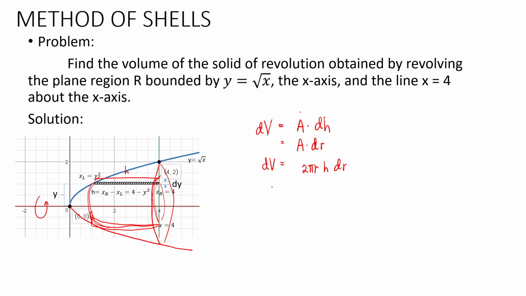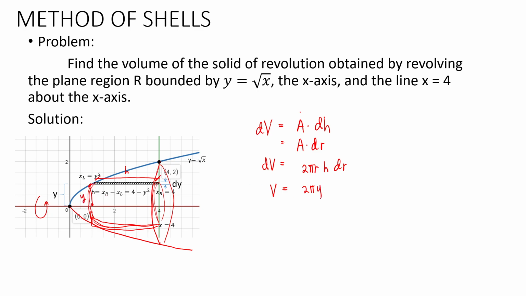So this will be volume is equal to 2 pi x. And then our height is y top, it's vertical. So 2 pi, so again the radius is just y, right?